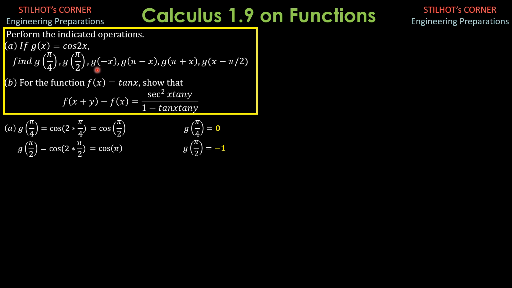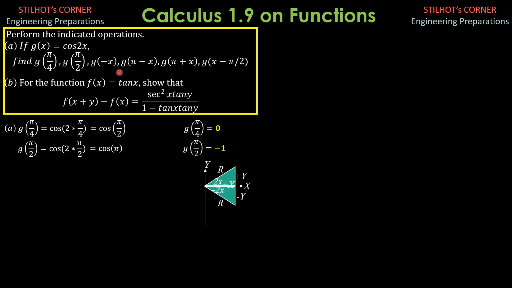Then g of negative x, remember the function for negative angle. So if this is the right triangle with reference angle, remember that the positive measurement of angle is counterclockwise, clockwise is negative.